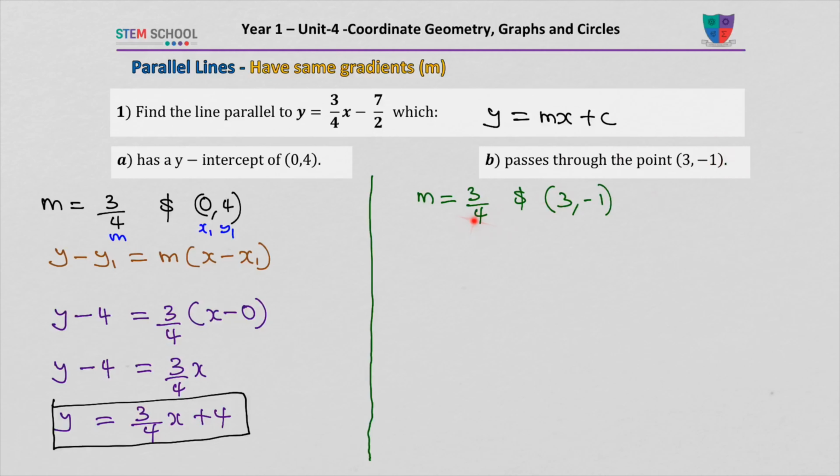Again, for part B, they have the same gradient, so gradient is 3 over 4. The point that it passes through this time is (3, -1), so this is x1 and this is y1. Now I need to apply the same equation I've done here to here.